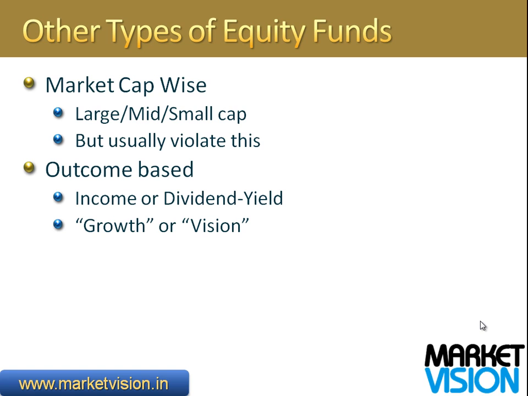India is the next big thing. So let's go get stocks which will grow like crazy, and they go buy a Suzlon Energy that falls 80% because people aren't buying windmills. But forget that. You have outcome based funds which try to target different kinds of outcomes based on their mandates, and again they violate this quite often.